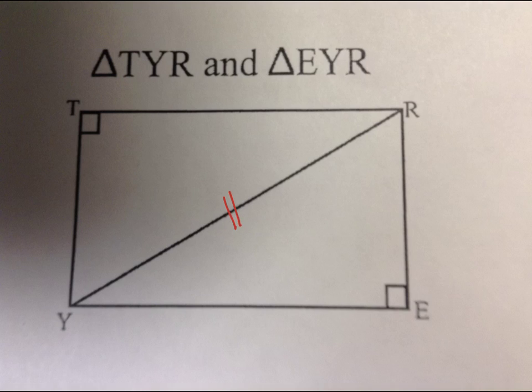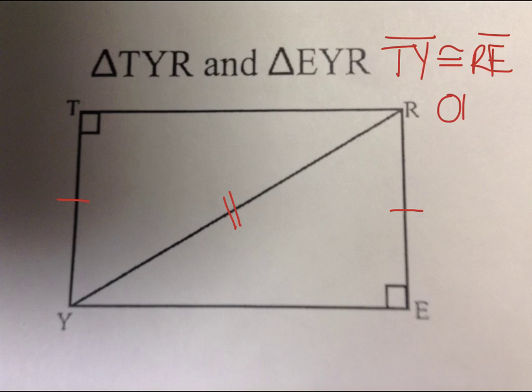So I need to know that either segment TY is congruent to segment RE, or that segment TR is congruent to segment YE. Those are the two things that I need to know in order to prove that these two triangles are congruent by the hypotenuse leg theorem. And that's it.